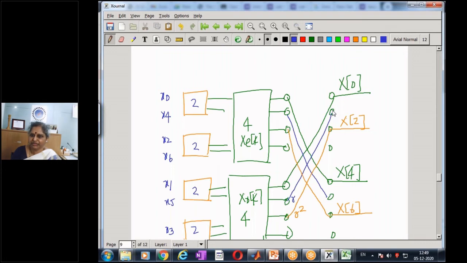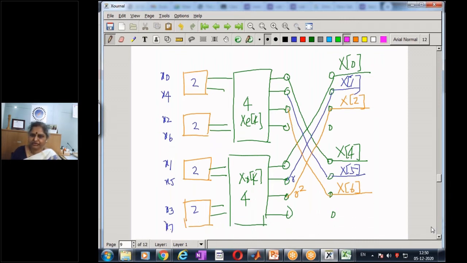Similarly, in the previous case, I would have got x of 1 and x of 5. And next, I take the fourth term in my first N by 2 point DFT, and the fourth term in my second N by 2 point DFT. Now here my k is going to be 3. So my branch gain is gamma cube, and when I compute it, I am going to get x3 and x of 7.